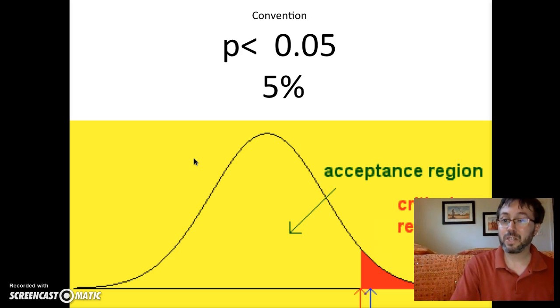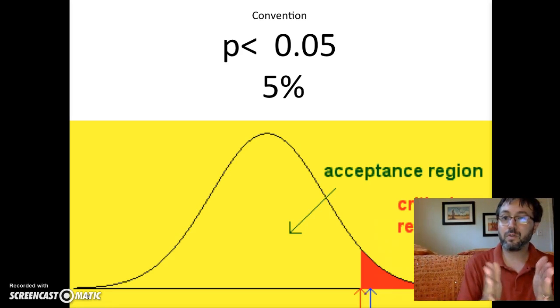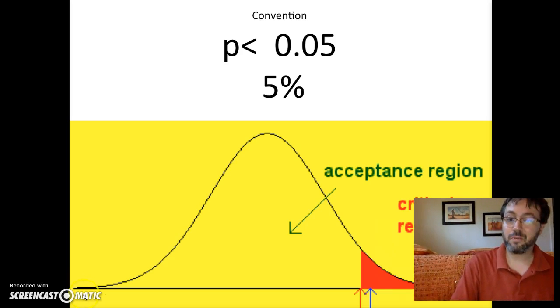So by convention, the point of accepting or rejecting a null hypothesis is at the 0.05 level, at the 5% level. So we say we're comfortable taking a risk 5% of the time, making an error in accepting or rejecting the null hypothesis. So this is where the idea of 95% confidence interval comes from. We have a 5% chance of making an error. It's just as depicted here on the tails of your distribution.